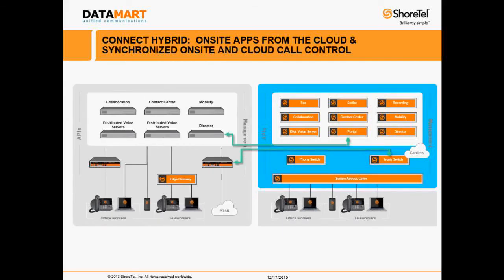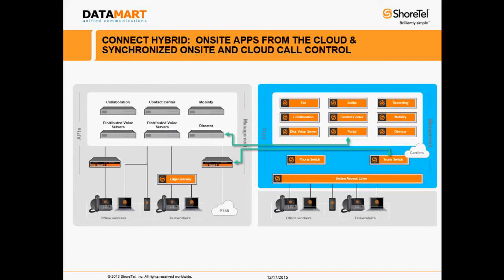Next, we want to talk about the hybrid model that is beginning to emerge here. So what the vision of hybrid is, is allowing for on-site applications and also synchronized on-site and cloud call control.